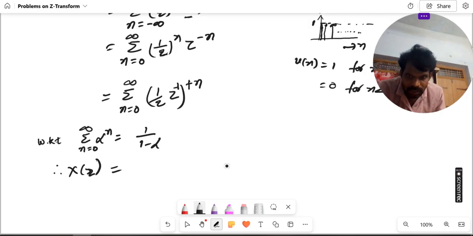Therefore the Z transform of the given sequence x of n, X of z, is equal to, considering this entire term as alpha, 1 by 1 minus 1 by 2 z power minus 1.